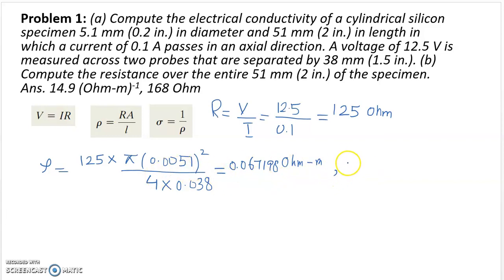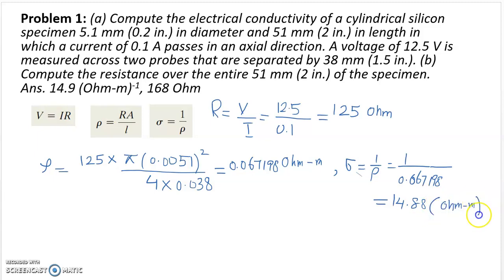Therefore the conductivity sigma will be equal to 1 over 0.067198, which is equal to 14.9, and its units are of course inverse of ohm meter. So this is the conductivity.